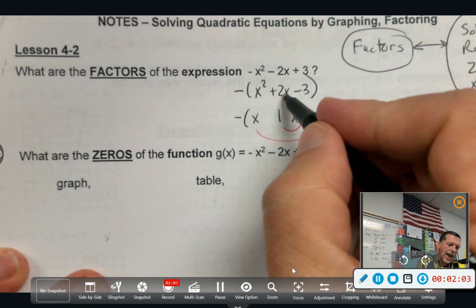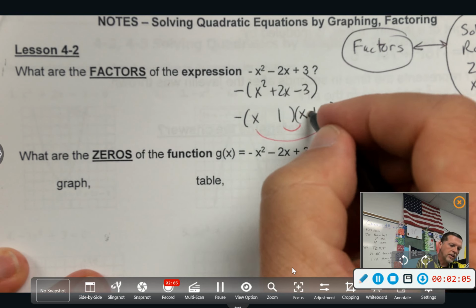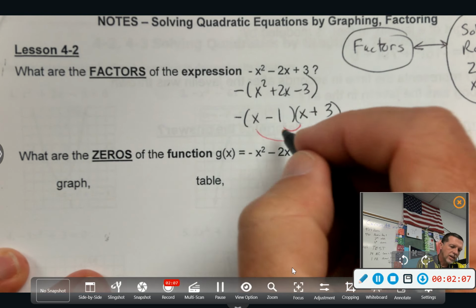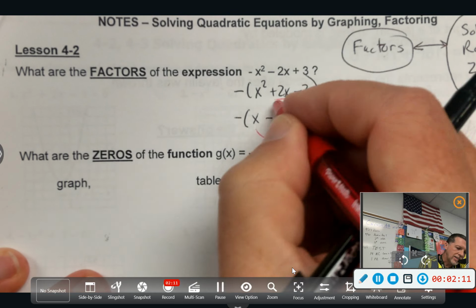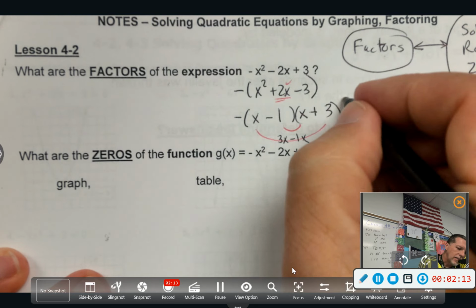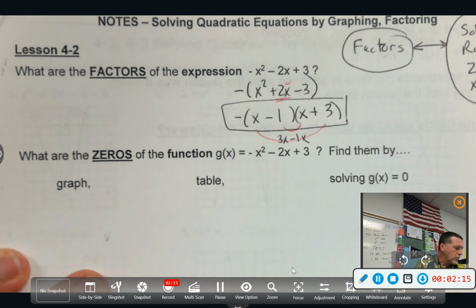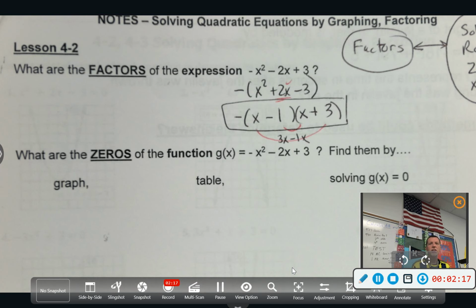And I need it to add to 2, so I want a plus 3 and a minus 1. That would give me 3x minus 1x. That's the 2x. So there's my factored expression. And the negative sign can't go anywhere because it's not an equation. I can't divide by it and make it go away. It just has to kind of go along for the ride.